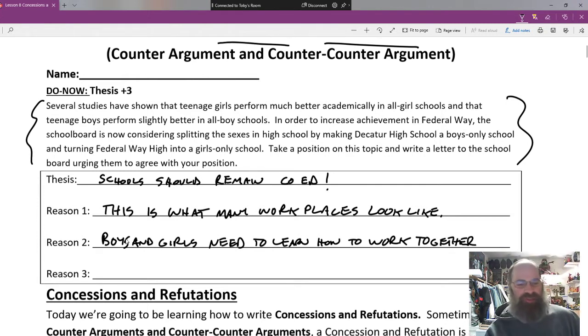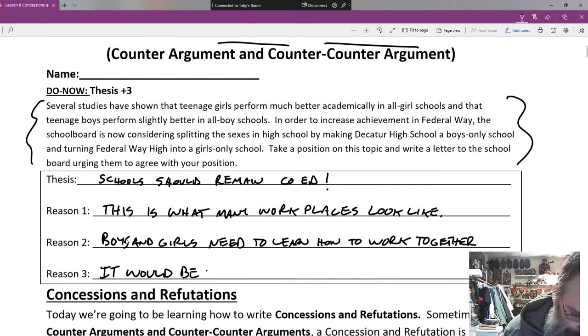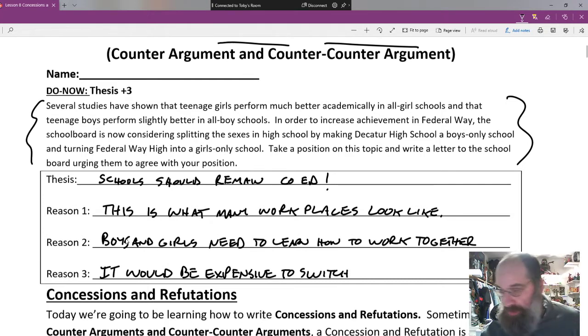And then what's another reason why schools should remain co-ed? It'd be expensive to switch, without much benefit.